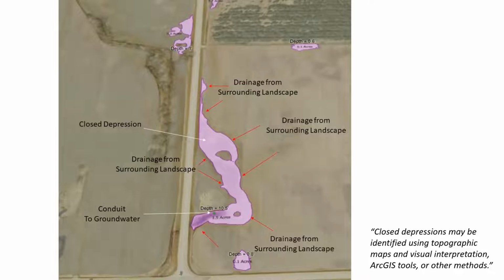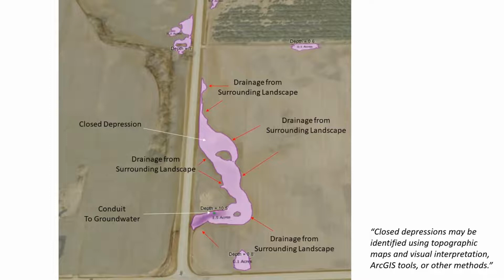And so essentially this creates a county-wide layer that's hosted in an online viewer and also a shapefile for staff use. Again, it's always important to recognize when you have something that's created through a digital process, actually going to the site and verifying the conditions on the ground is important, but it's one tool that we can use to point us to where closed depressions can exist. I didn't create this image.